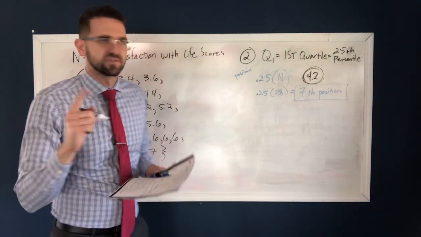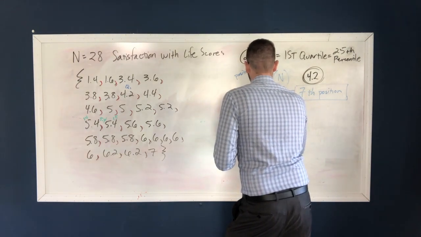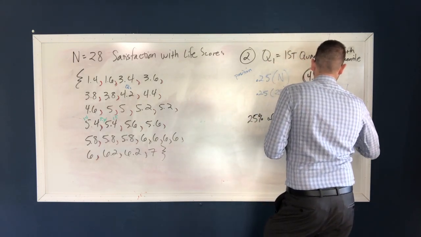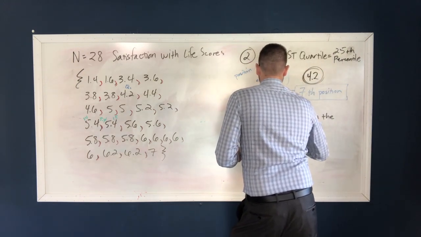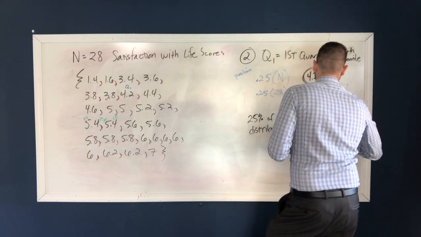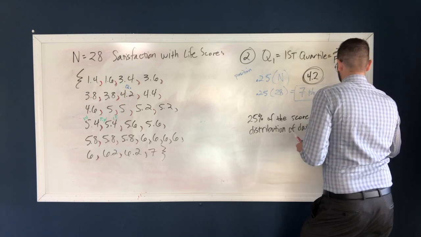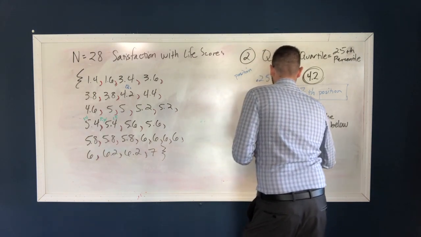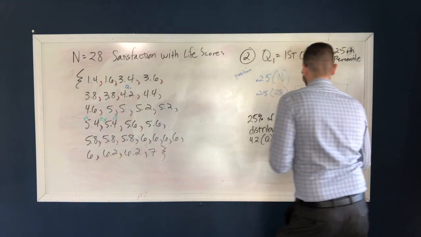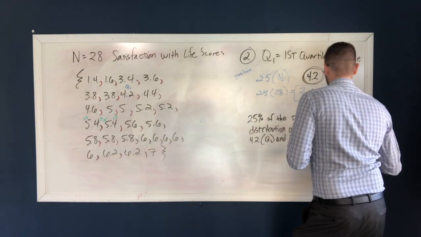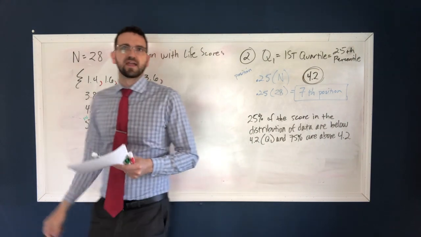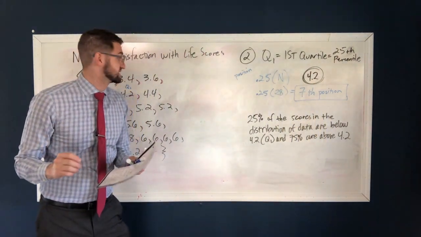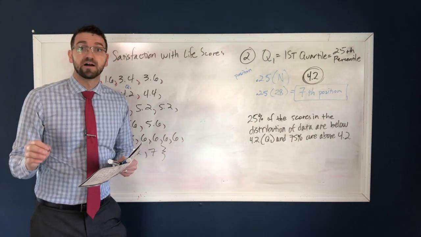I'm going to go ahead and write an interpretation for this. Okay, 25% of the scores in the distribution of data are below 4.2, which is the Q1, and 75% are above 4.2.